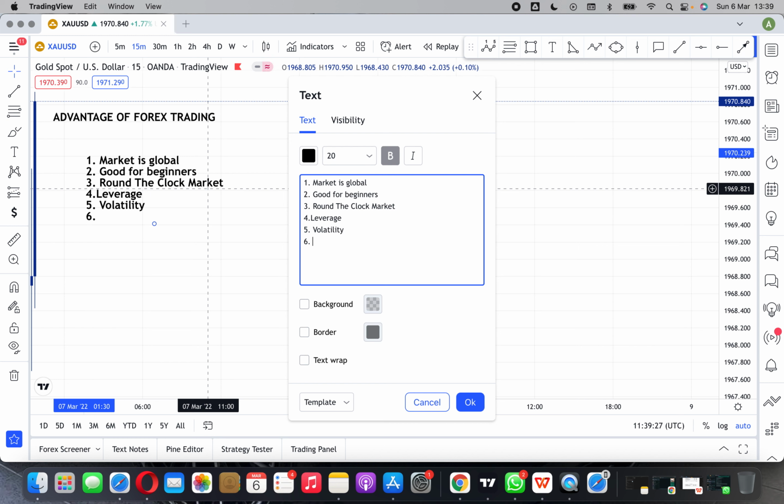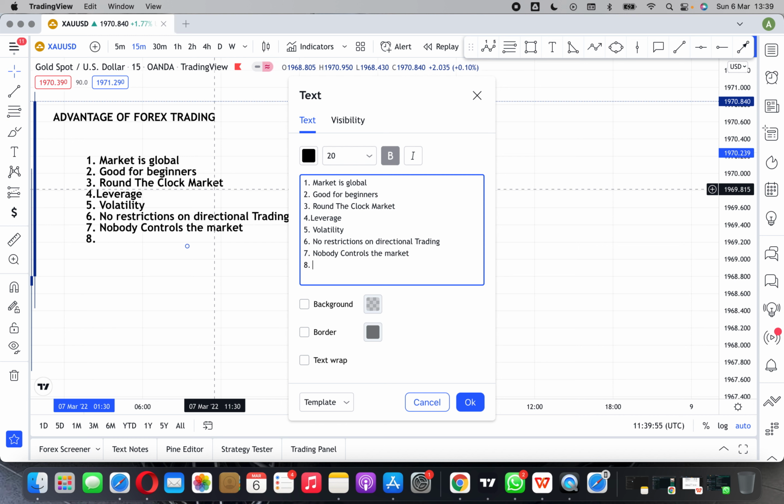Number six, no restriction on directional trading. Number seven, nobody controls the market. Number eight, low transaction charges. Number nine, technology.